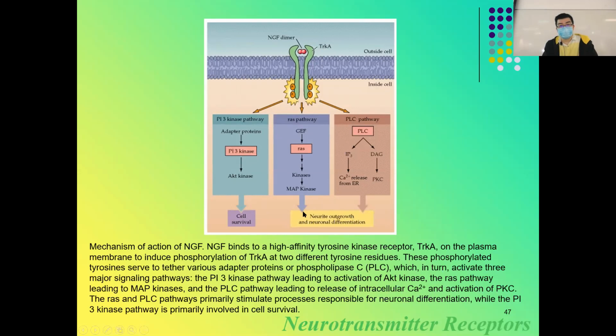Now this is very important, particularly during your development. When you are still young, or even nowadays you are still not fixed yet, what happens? The neurons go out and make connections. Okay.